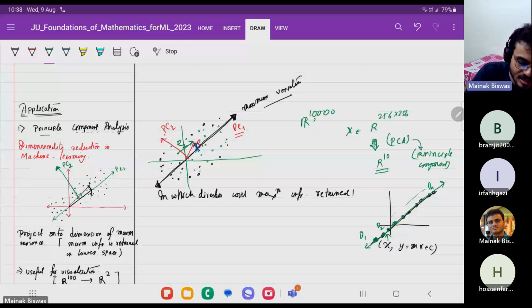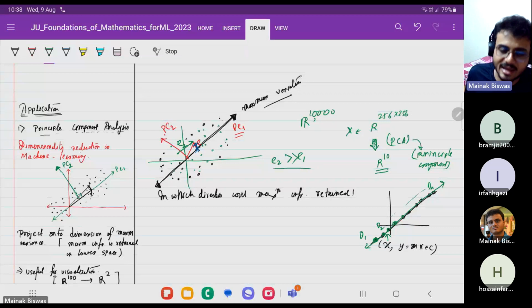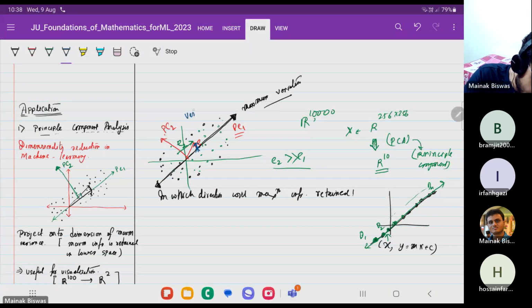E2 is clearly greater than E1, and it can be much greater actually. So for all these data points, your errors would be very high along the dimension where there is less variation. We want to retain the axis of maximum variation.